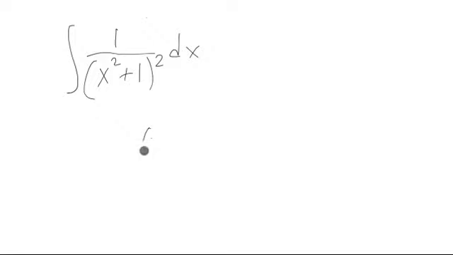It's going to have something with x squared plus 1 to the first, plus something times x squared plus 1 to the 0, which is just 1. Notice we're only going to the first power here, and that's because this is a 2. We're just going up to there.